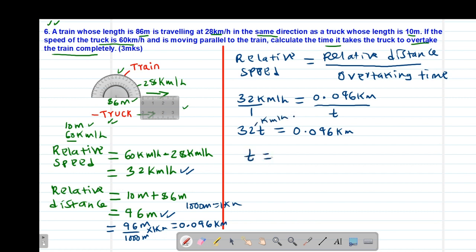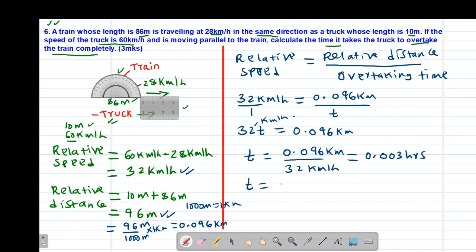Therefore, time will be equal to 0.096 kilometers divided by 32 kilometers per hour. So this is going to give me 0.096 divided by 32. I'm going to get 0.003 hours. So this is the overtaking time. I can convert it into seconds.